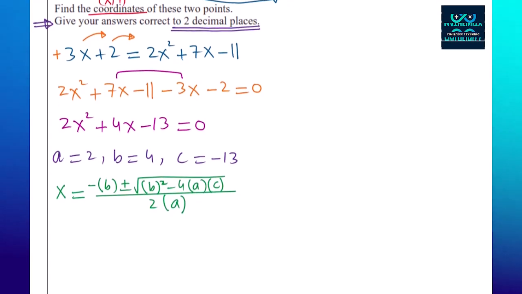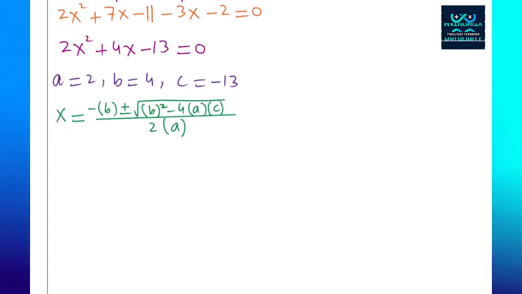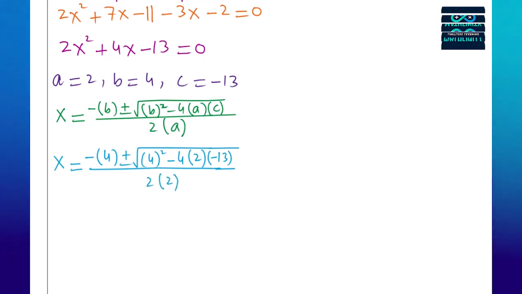After this, you have to substitute the values: negative 4 plus or minus the square root of 4 squared minus 4, where A is 2 and C is negative 13, over 2A.